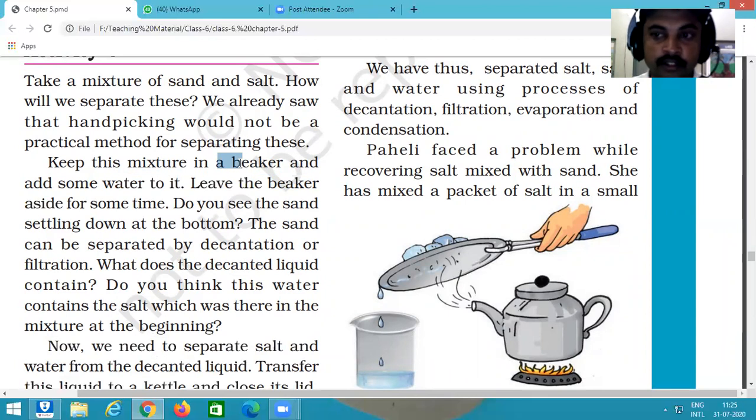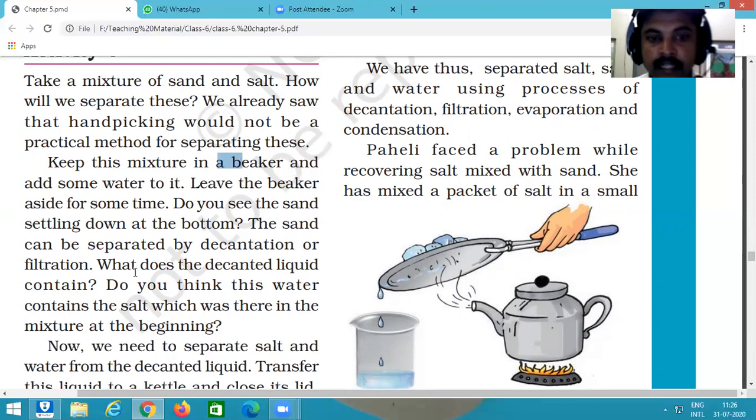What process is this? This process is known as sedimentation. By sedimentation, the sand particles settle at the bottom, and on top there is another layer of liquid solution. Both layers we see very clearly. The liquid, by the process of decantation, we can separate out into a different beaker.